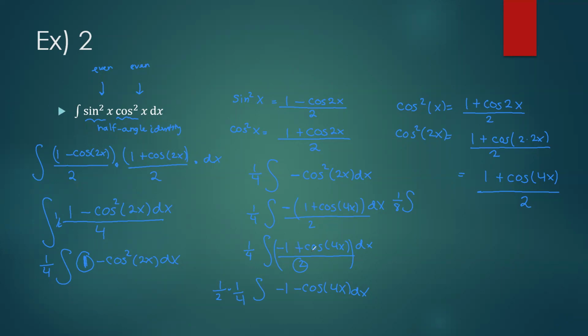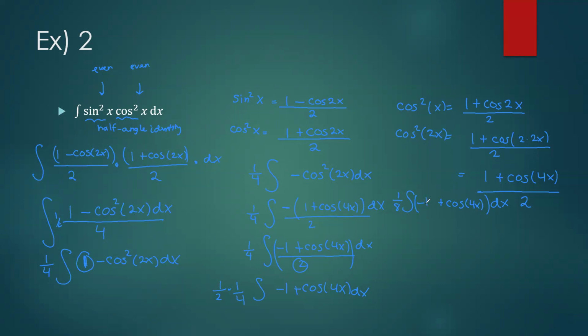Okay, so now I have 1/8, and then I have to take the integration of -1 plus cosine of 4x, and then this is all dx. So there are two terms, so what you could do is take the integration of each one.